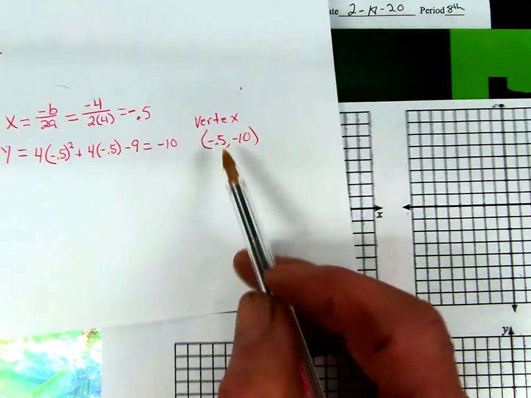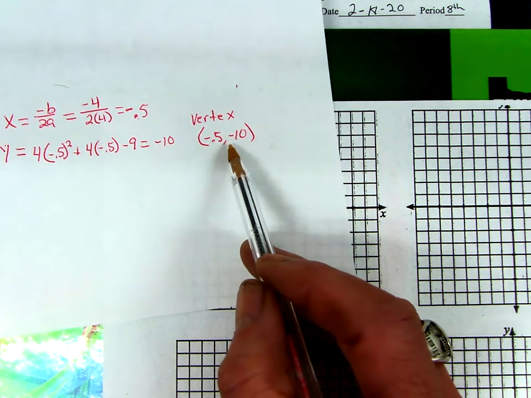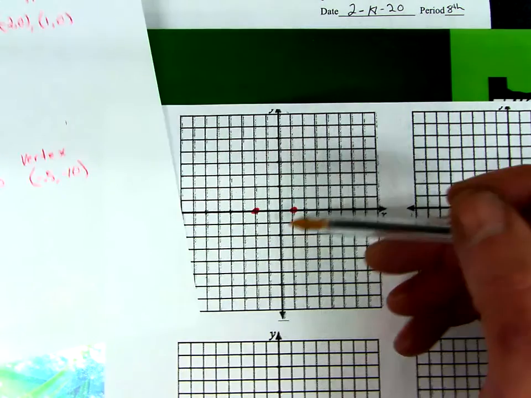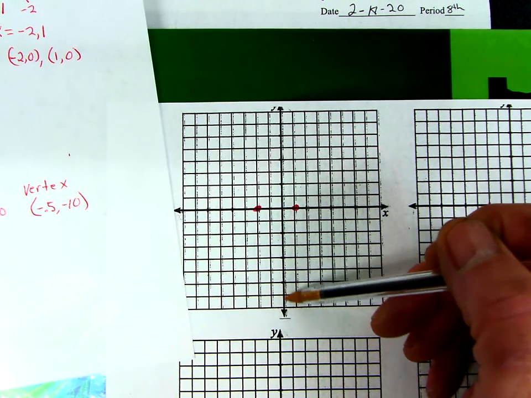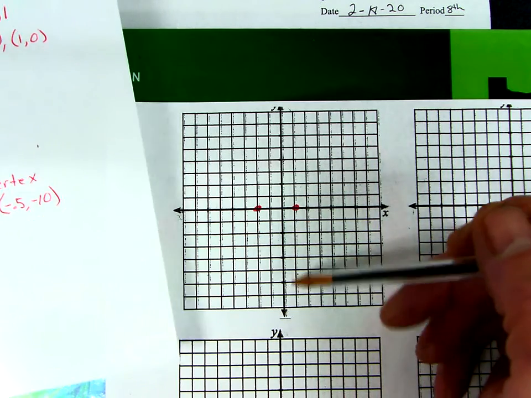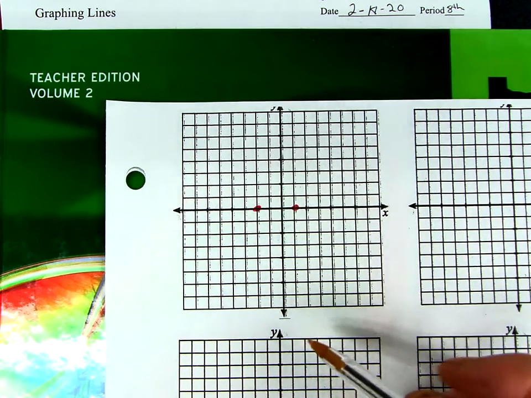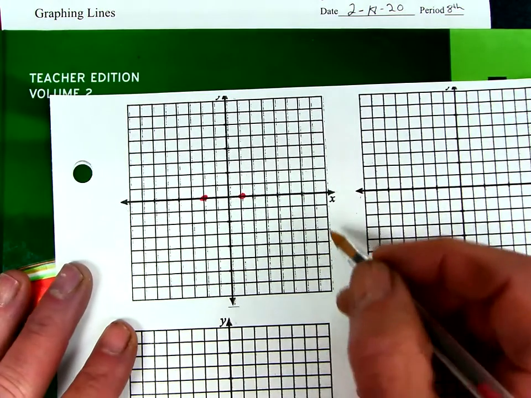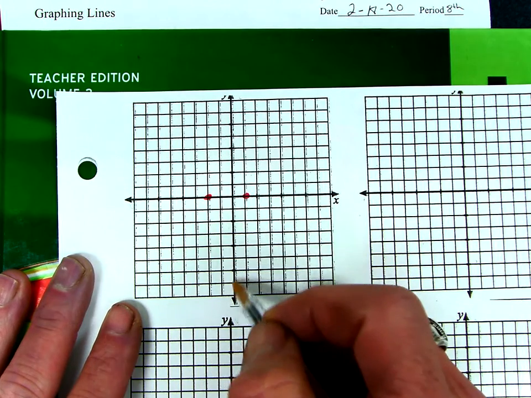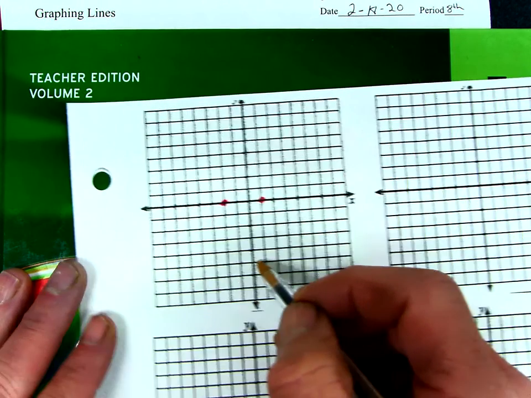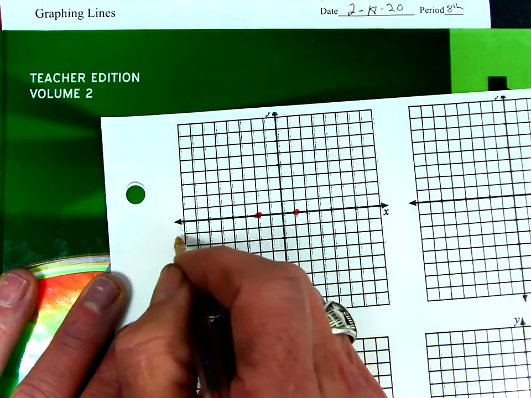Then my vertex was at negative 0.5 and negative 10. But I'm looking here, 1, 2, 3, 4, 5, 6, 7, 8. My graph only goes 8 below the x-axis. So I'm going to need to rescale how I count the y's. Let's count by 2's.